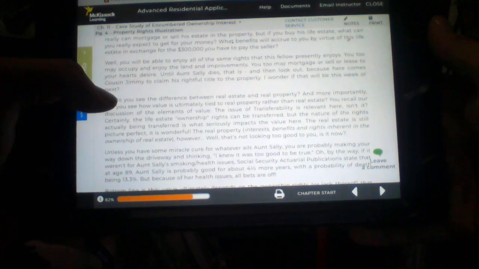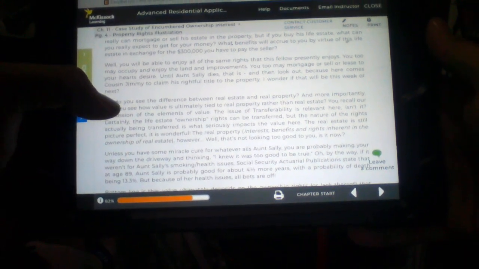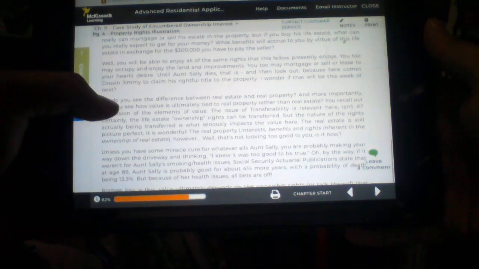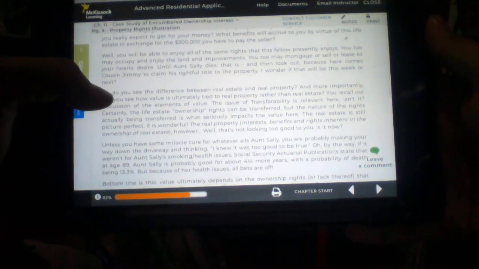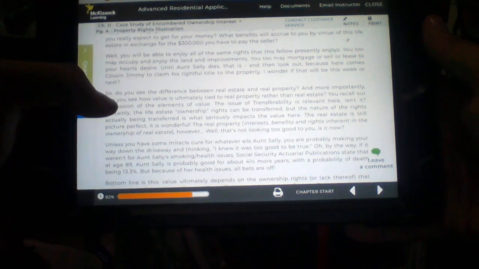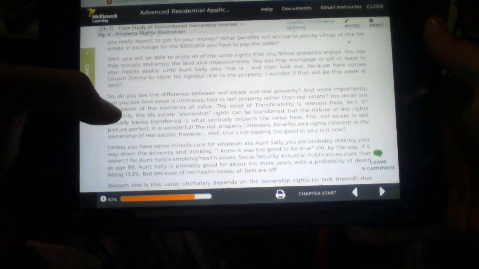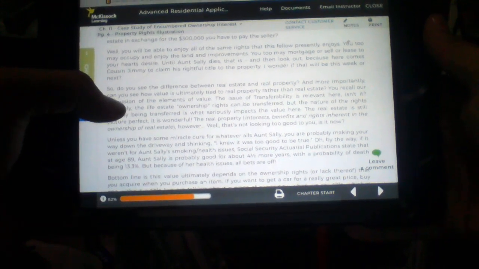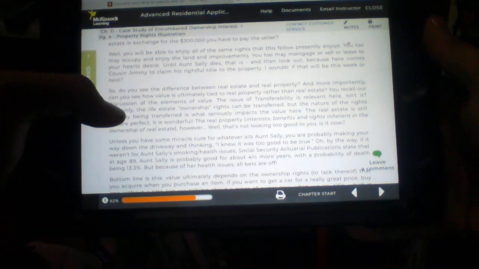But if you buy his life estate, what can you really expect to get for your money? What benefits will accrue to you by virtue of this life estate in exchange for the $300,000 you paid to the seller?